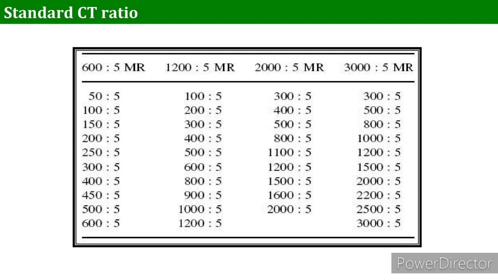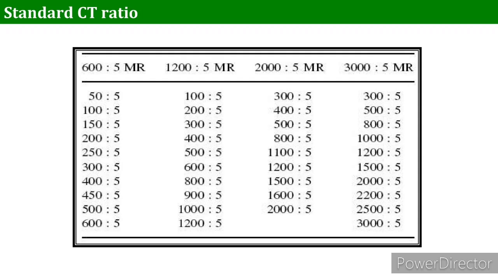If we look, the first one is 50 to 5, the second one is 100 to 5, and then 150 to 5. These are all types that differ on the basis of ratios. As per our need, we select these CT ratios, but there is a problem with these ratios, which is known as the ratio error of a CT.